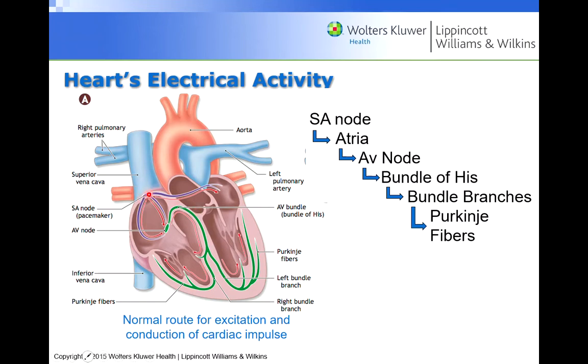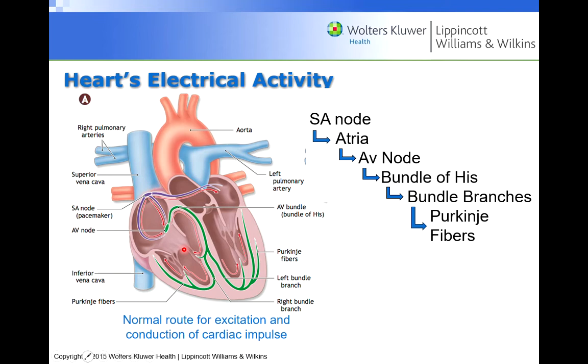And so, as the SA node distributes the electrical activity across the atria, they contract and move blood into the ventricles. If we didn't have a pause here, the electrical activity would already be down at the ventricles, and as the atria were contracting, the ventricles would be contracting at the same time, and we'd have no net movement of blood.